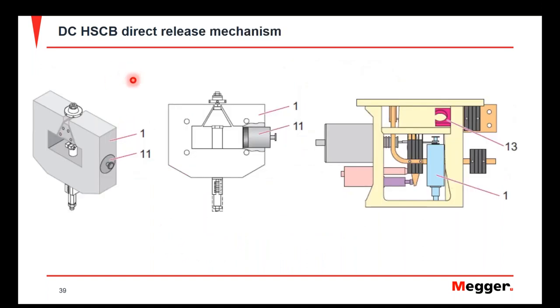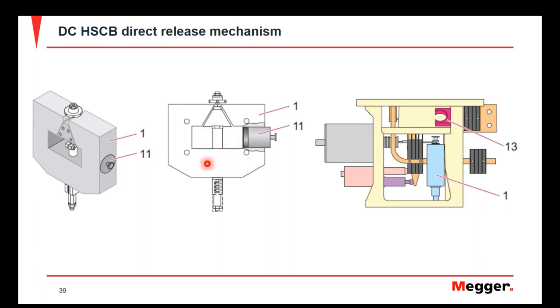So we just looked at this direct release mechanism, and we talked about how it's the mechanism that helps to operate the overcurrent or the trip function for this style of breaker. And what happens with this mechanism is that it's an electromagnetic component, and the main current carrying component goes through the middle of this device.